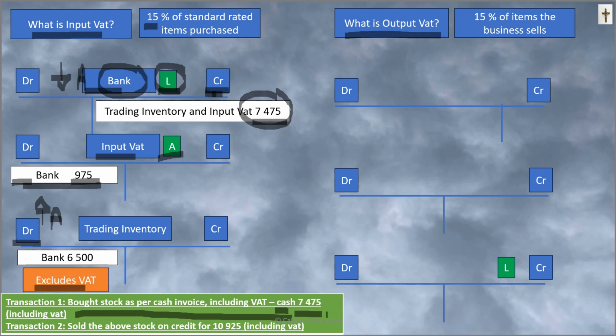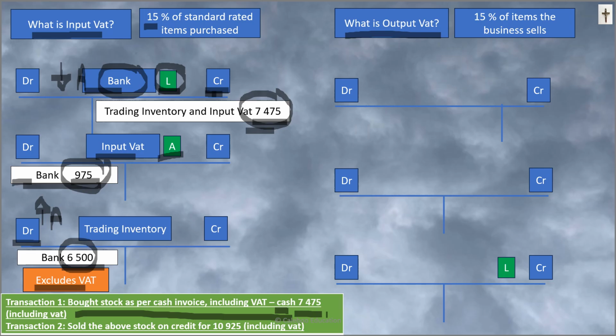The 6,500 is the historical cost price of the stock, which excludes VAT. And by the way, you can see here the debits equal the credits, with 975 plus 6,500, the two debit entries, it's equal to the credit entry of 7,475.